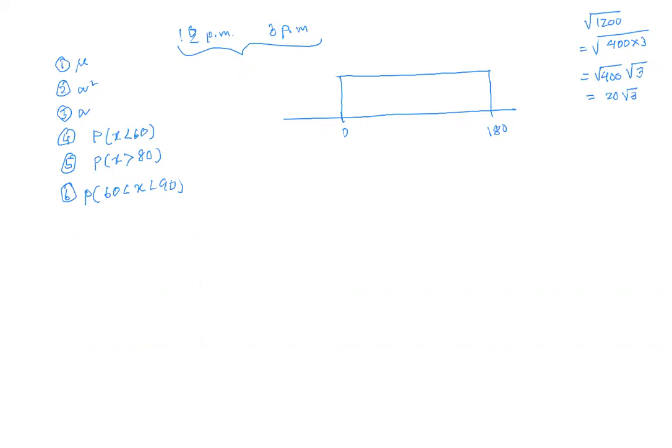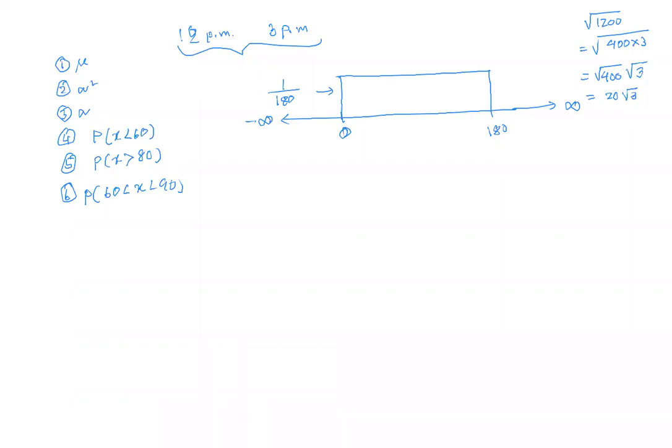And from the definition, you know that this height is going to be 1 over 180 minus 0, which is just 1 over 180. So probability is constant between 0 and 180. And everywhere else, it is 0. So it keeps going forever this way, forever this way. So in theory, it goes to positive infinity in this direction and negative infinity in this direction.